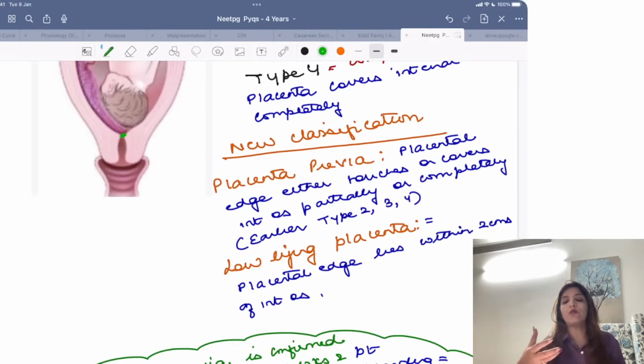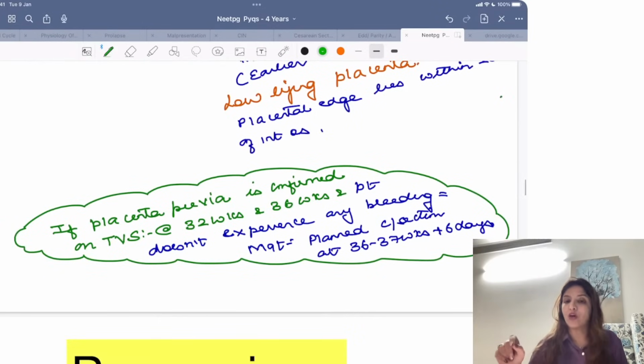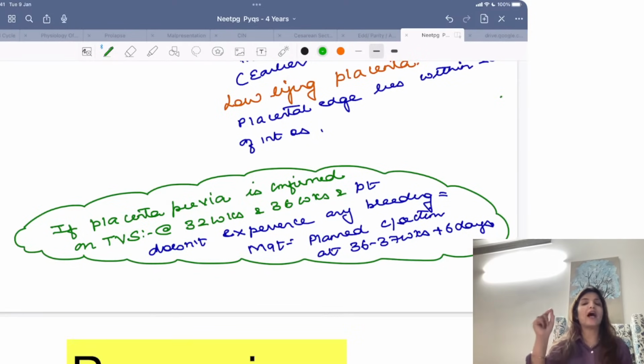Remember that for diagnosing placenta previa, you have to do an ultrasound at 32 weeks. Suppose in the first or second trimester you see that the placenta is low lying, you are still not going to call it placenta previa unless you confirm it at 32 weeks by doing a TVS.